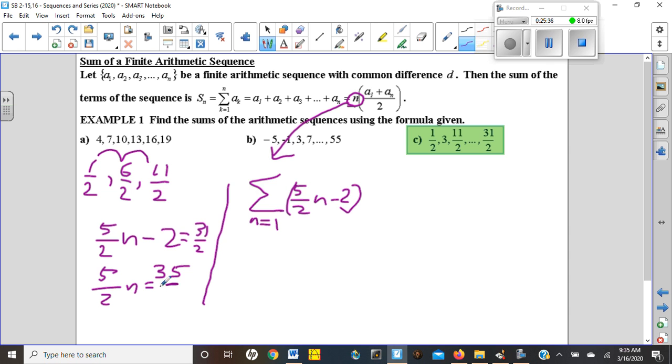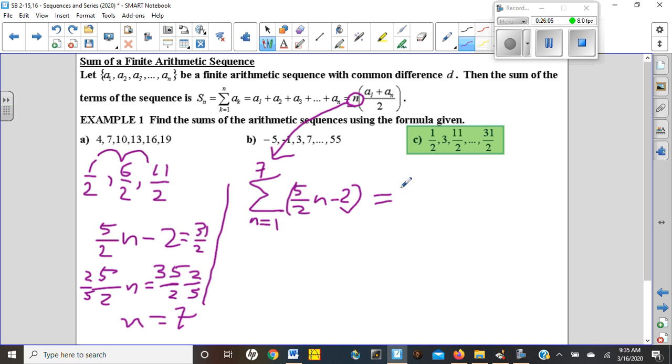And then you could use the old algebra 2 trick of multiplying by the reciprocals. And the 2's would cancel, and we would get, it looks like, 7. So it looks like we are 7 terms out for this particular sequence, which finishes my summation statement and then allows me to write the sum.